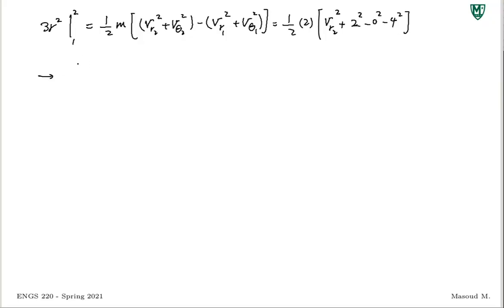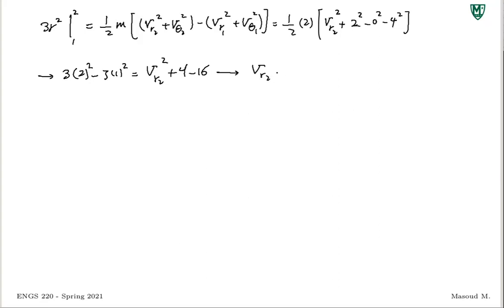So this becomes 3 times 2 squared minus 3 times 1 squared, equal to 1 over 2 times 2, which is gone. This becomes vr2 squared plus 4 minus 16.